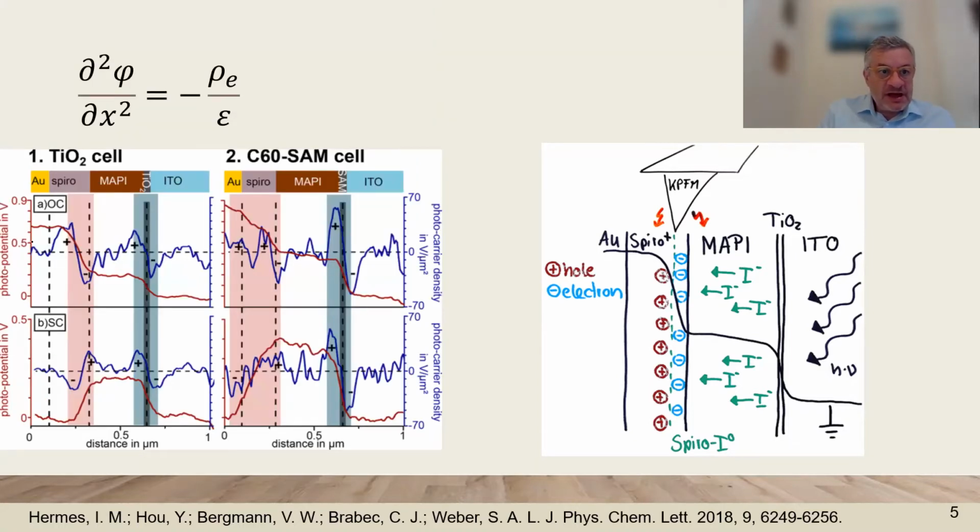It's also interesting that tracking the potential across the cell is giving us a picture of where is the charge separation in these conditions, because the second derivative of the potential is the local charge. And then we can see that there is a strong separation of charge at each contact, but in the middle of the perovskite, the band is almost flat.